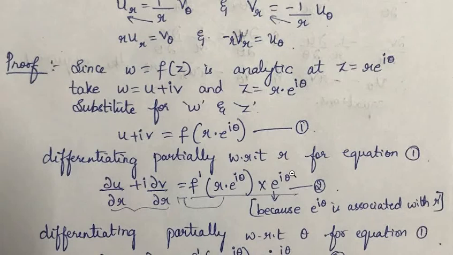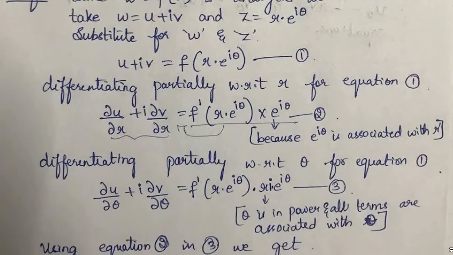Next, again for equation 1, we are going to differentiate with respect to theta. Right now we did it with respect to r. Secondly, now we are going to do it with respect to theta. Let us check this equation.